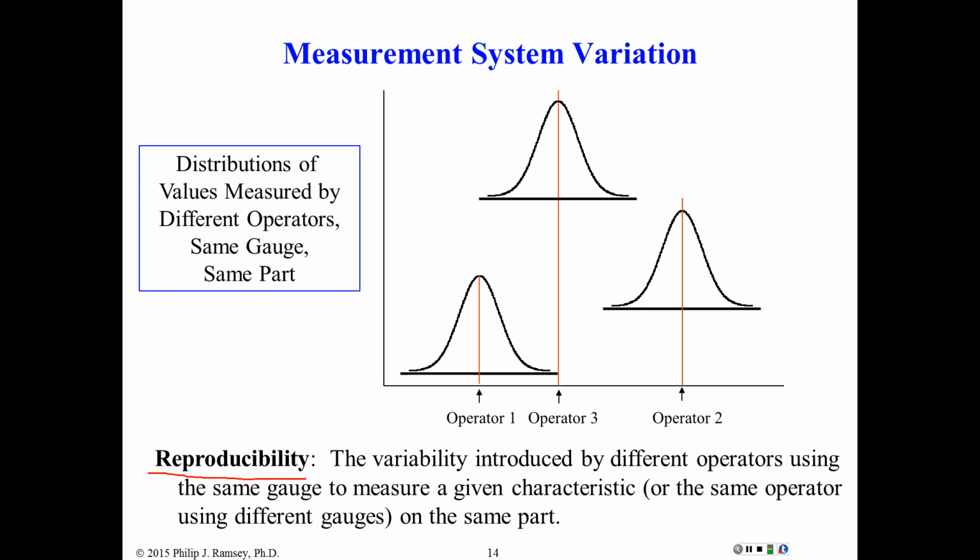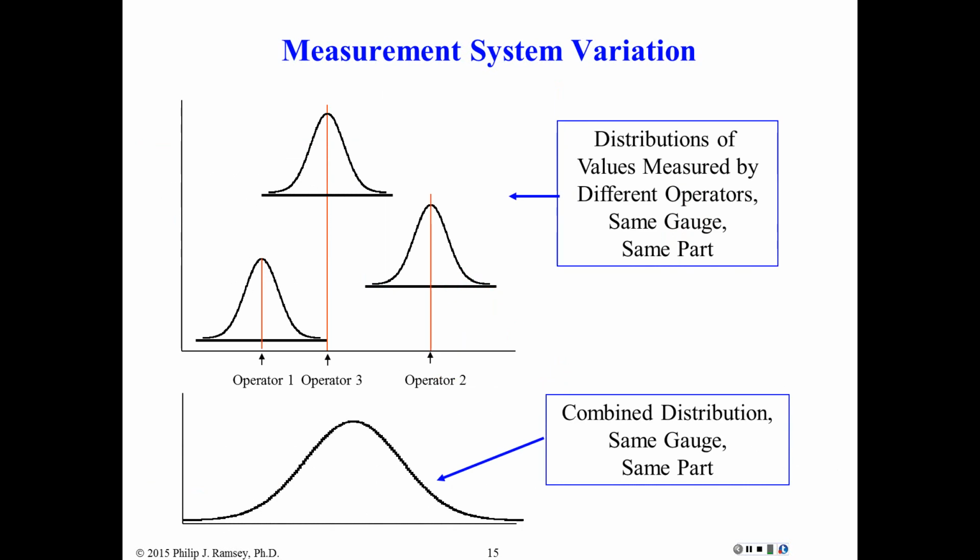Again, notice for each operator, we still have our repeatability. In other words, each operator takes repeated measurements of a part. They get the repeatability error or noise. But across all three operators, or across all three instruments or gauges, we get more variability. And essentially, on slide 15, you see a picture of what I'm talking about.